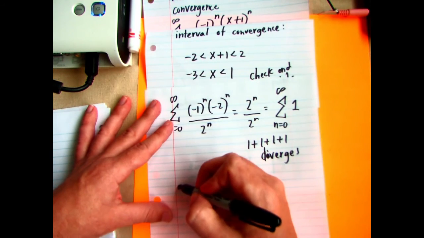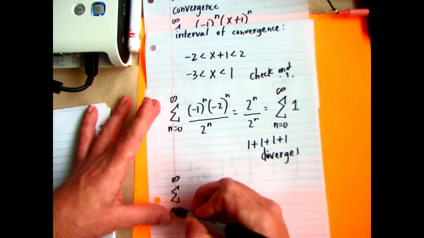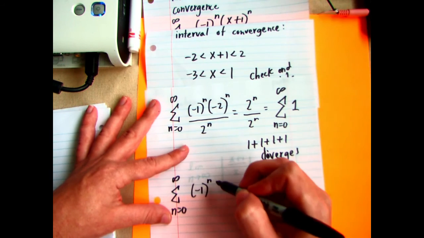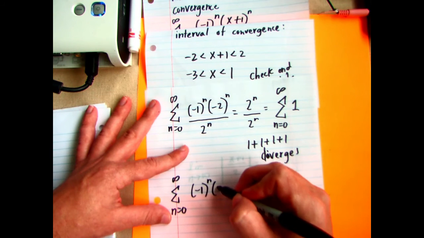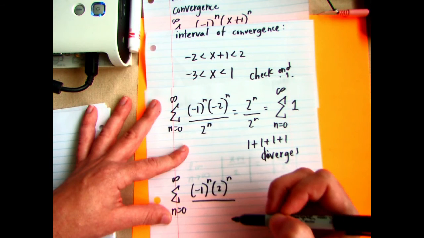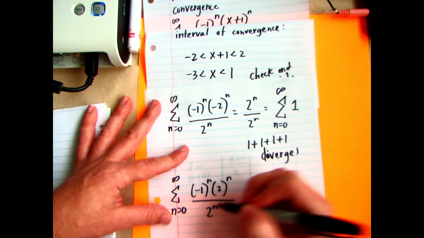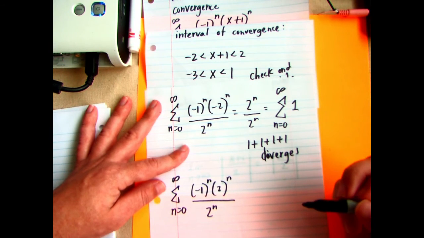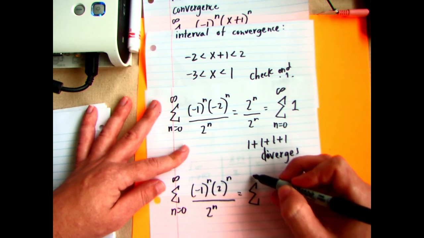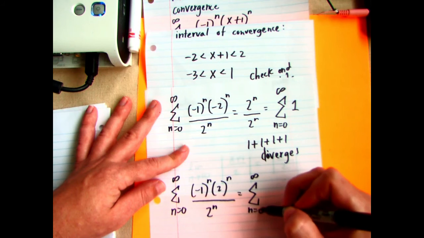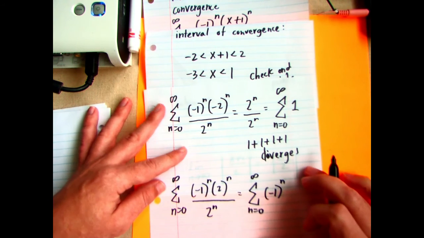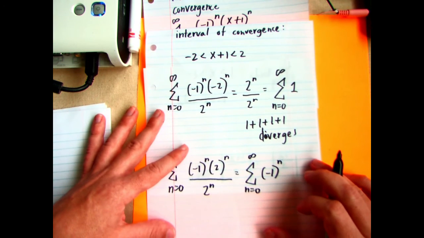Okay, let's do the other endpoint. The other endpoint was positive 1. So I'm going to plug in positive 1 back into my original infinite sum. When I plug in positive 1, the result that I get is the sum of n equals 0 to infinity of negative 1 to the power of n.